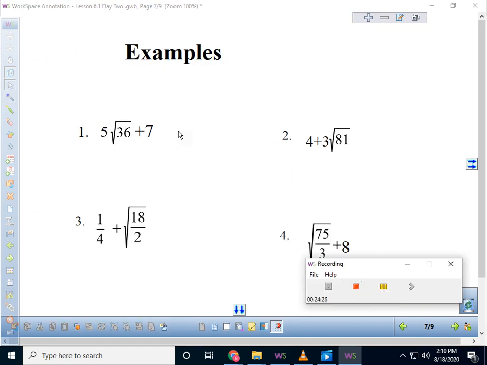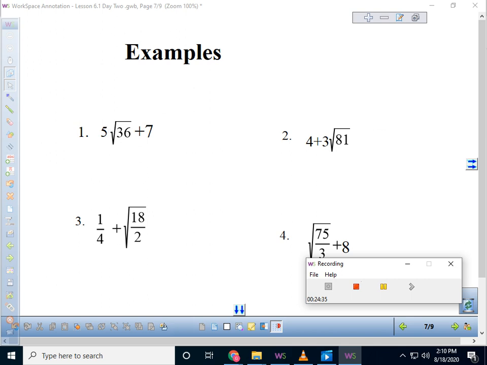Now, I have some more examples for you. These examples are order of operations with square roots. I want you to consider a square root as a grouping symbol.